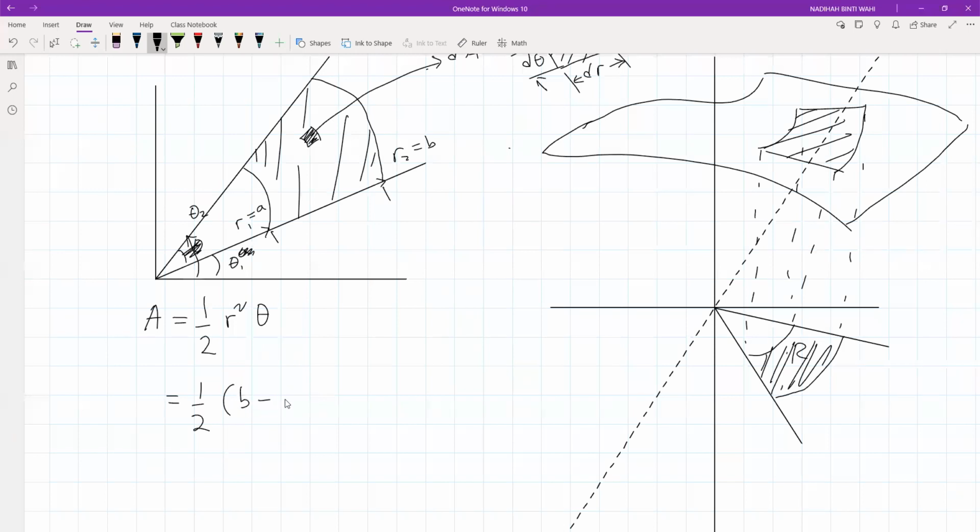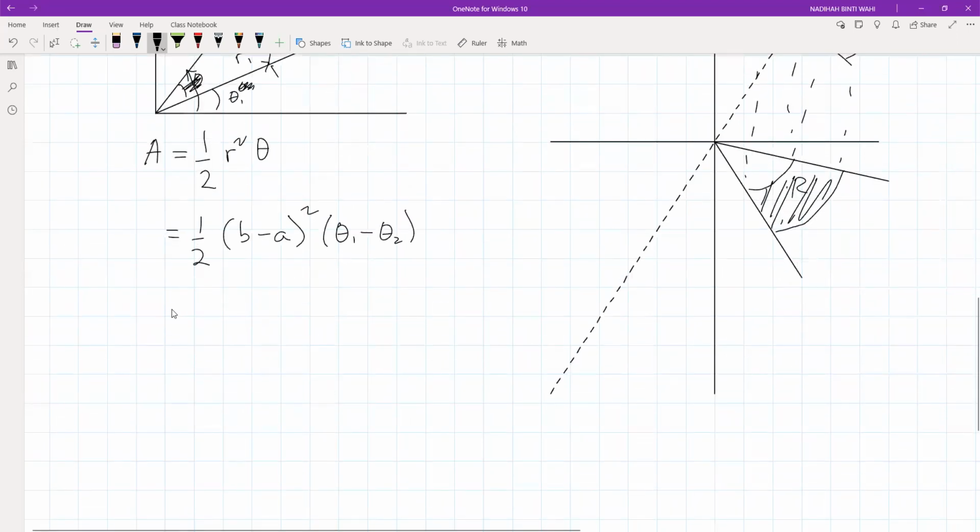So maksudnya B minus A squared times theta 1 minus theta 2. Okay. So kalau saya expand yang ini, 1/2 B minus A squared is just A plus B. So, saya tak nak buat dia dalam kes ni. Saya nak ikut dengan ni. B minus A, B plus A, B minus A times theta 1 minus theta 2.